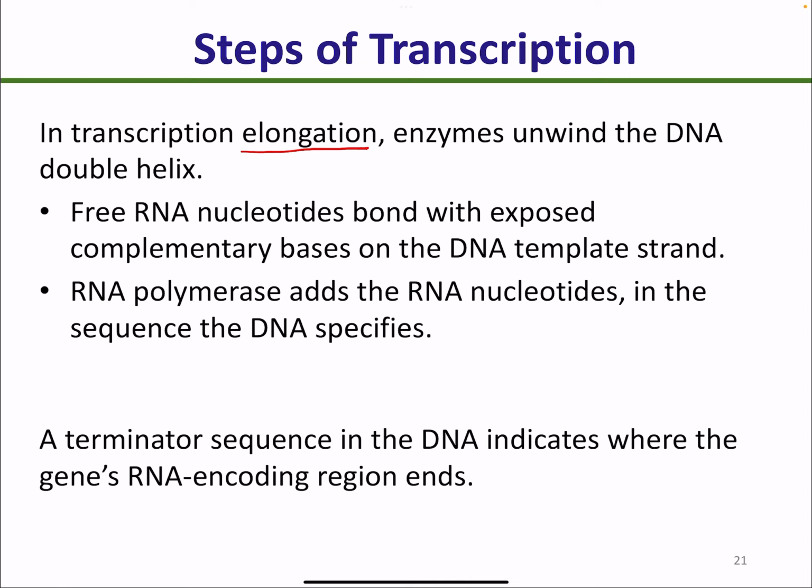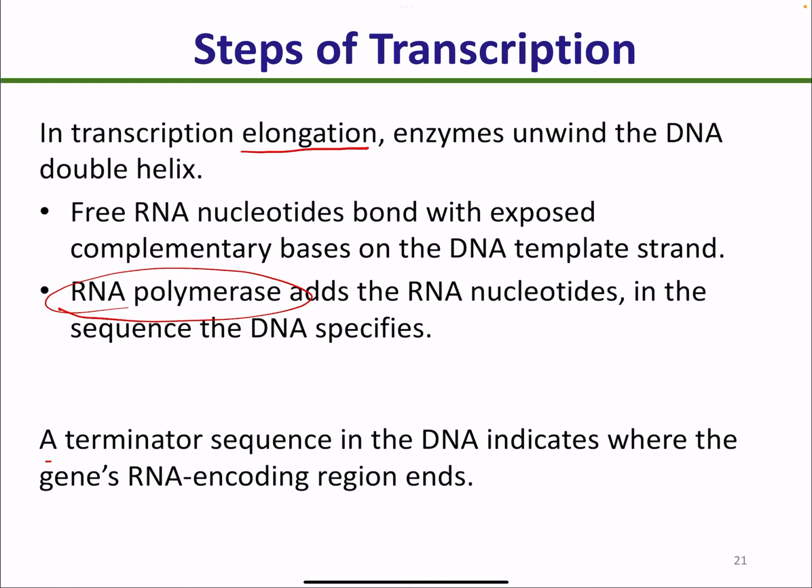transcription, right? You are also going to need a bunch of free nucleotides, right? And these nucleotides are actually a bunch of nucleotides with ribose, right? And basically, the RNA polymerase is going to read the template so that you're going to have, at the end of the day, a messenger RNA.